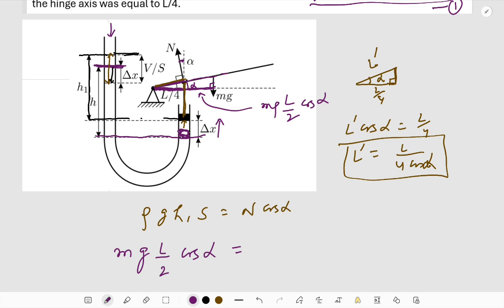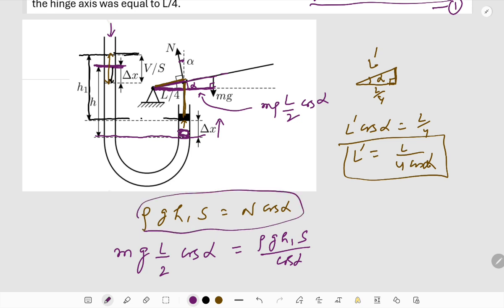And the torque of the normal in this case is, normal is equal to what? Normal is equal to rho g h1 s by cos alpha. You can see from here the normal force itself is rho g h1 s by cos alpha, and its lever arm becomes L by 4 cos alpha. So you can equate them both, and it becomes the second equation.